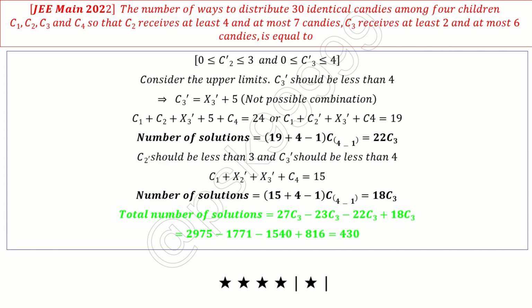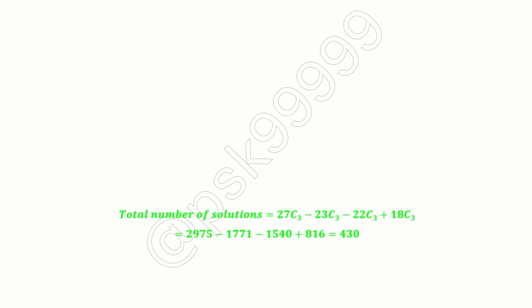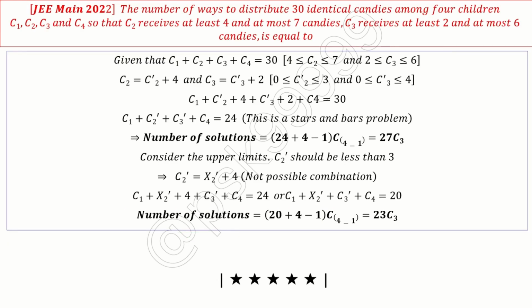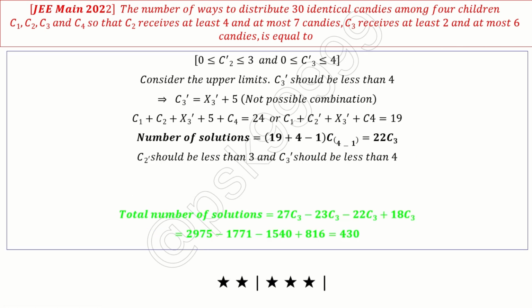This 18C3 was already considered in the previous upper limit conditions as well, right? So in this also 18C3 was considered. So it is 2 times subtracted, so you just add this.